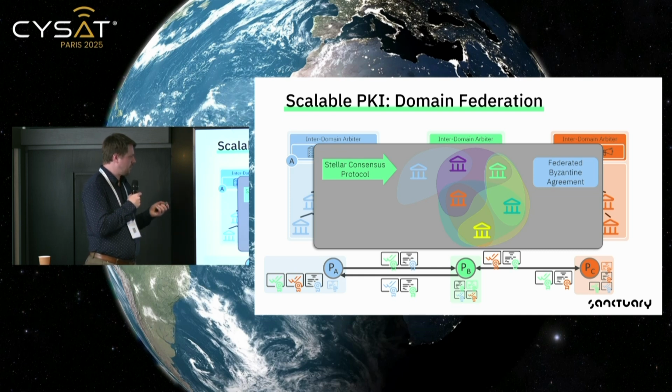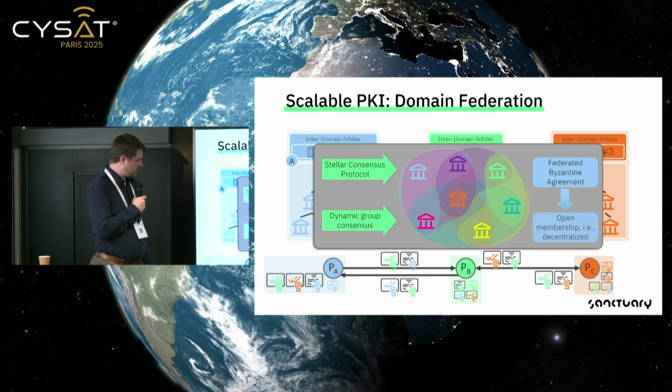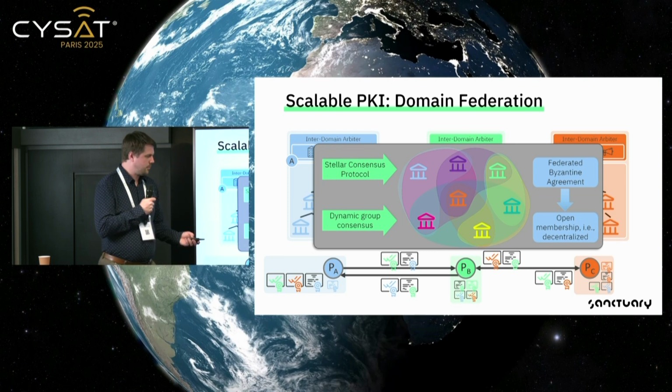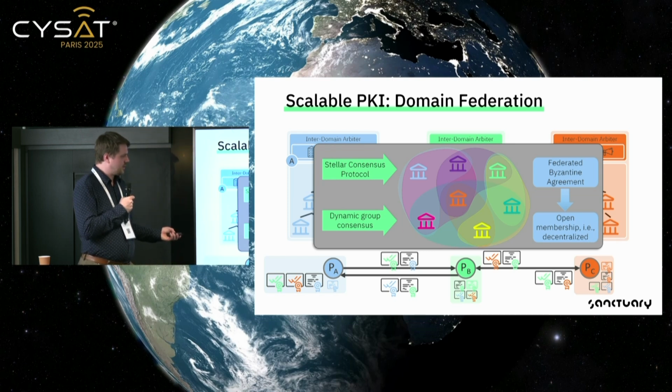And for example, the Federated Byzantine Agreement can be used to find agreement and provide acknowledgements to domains where you don't have direct trust relations. And this is also consensus for dynamic groups, which means that even new entities can seamlessly join or leave the group without disturbing the system.